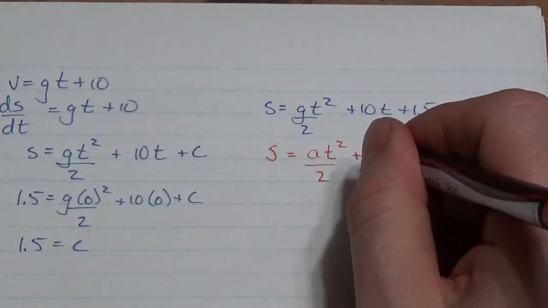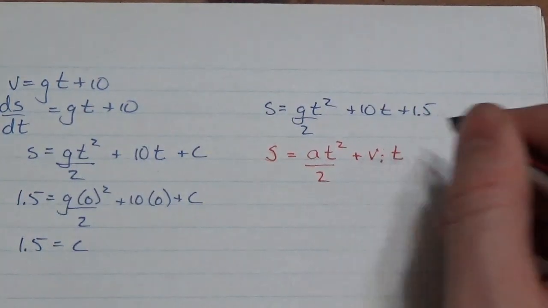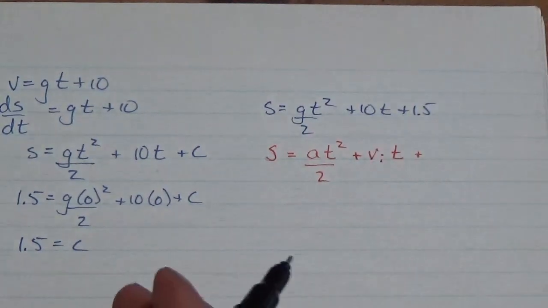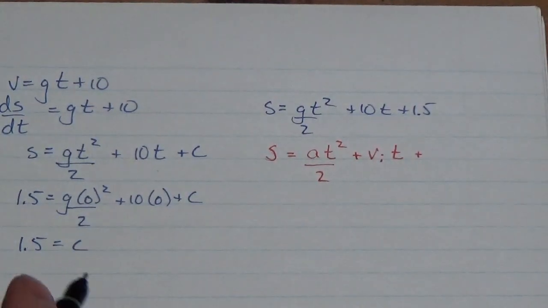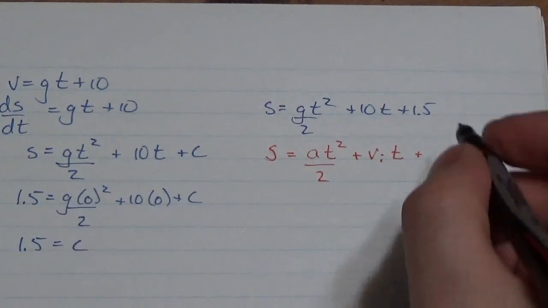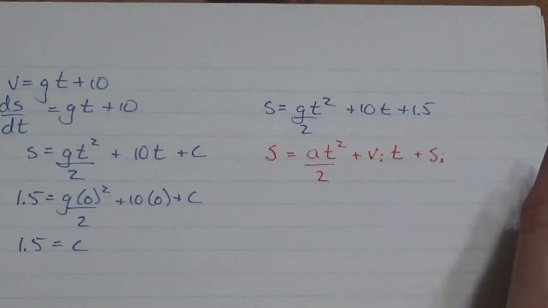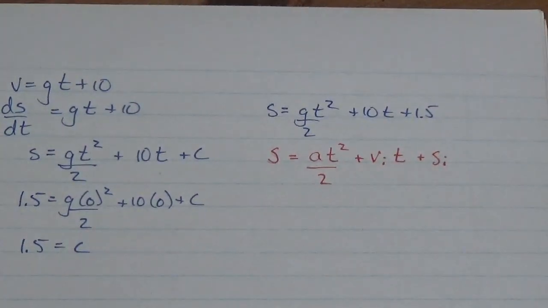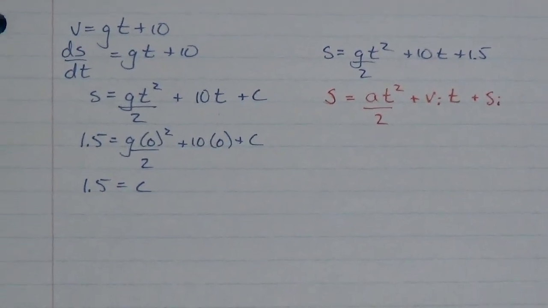Remember that the 10 here was our initial velocity times time. And notice that the 1.5, I got that by plugging in the time is equal to 0. So this is my initial displacement as well. And do you recognize that function? Isn't that neat how these kinematic equations just pop out of calculus? Oh, I just love this stuff.